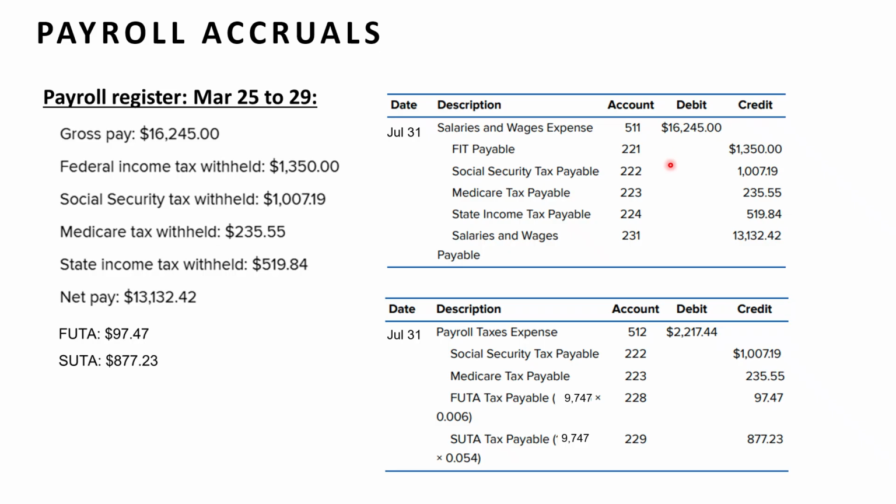Social Security tax payable account 222 of $1,007.19. Medicare tax payable account 223 of $235.55. And state income tax payable account 224 of $519.84.